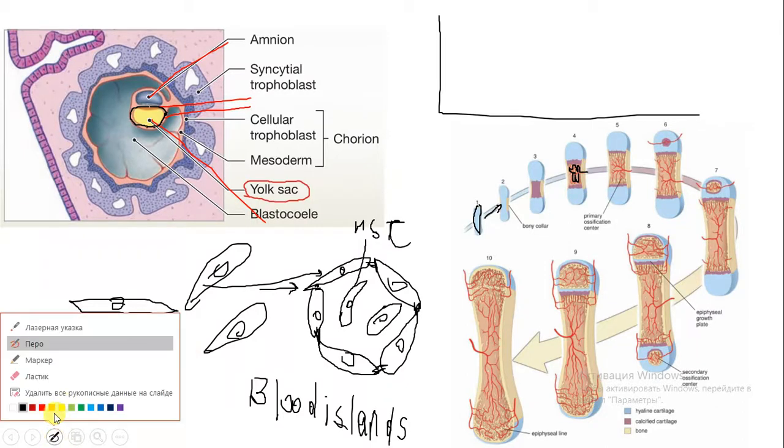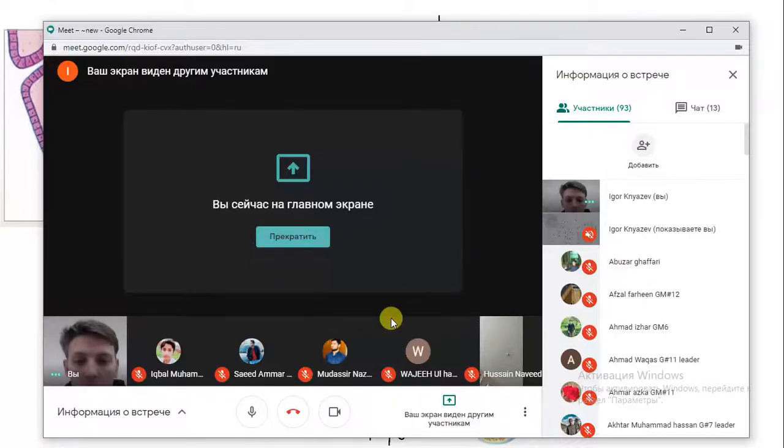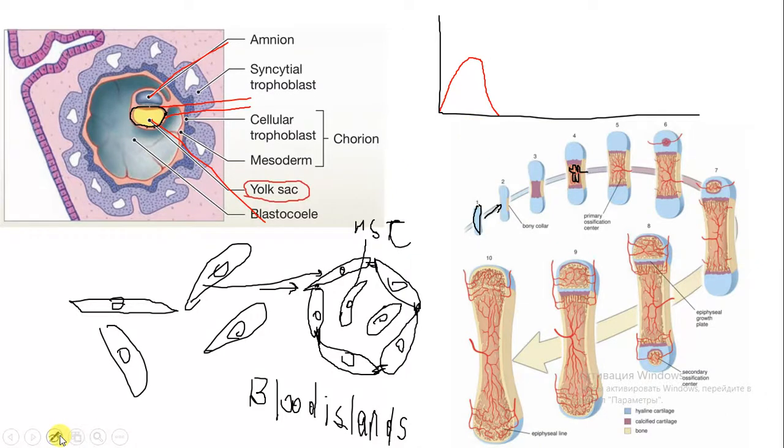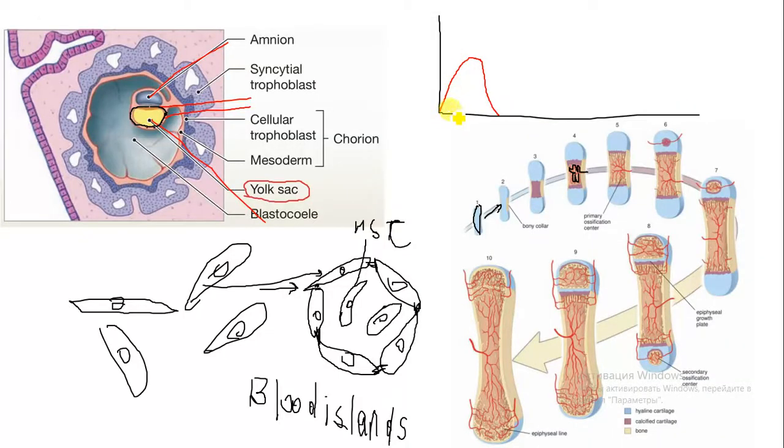So let me draw it this way. Let's take a look at the yolk sac phase in this diagram. In the beginning of embryogenesis, all the blood formation happens inside the yolk sac. This is the yolk sac phase. Then, approximately in the middle of this yolk sac phase, appeared the hepatic phase, when most of the blood cells are produced in the liver.